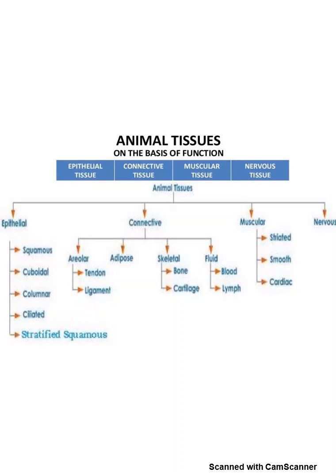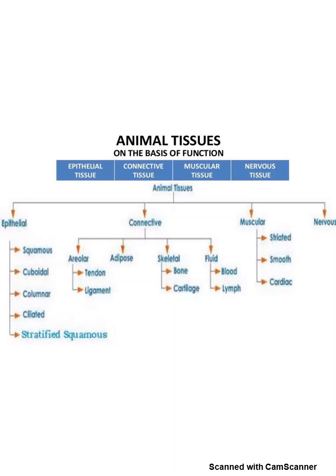Depending upon their structure and their function, epithelial tissue is divided into different types, that is squamous epithelial tissue, cuboidal epithelial tissue, columnar, ciliated, and stratified squamous tissue. Right? So let us study first of all the characteristics of the epithelial tissue.